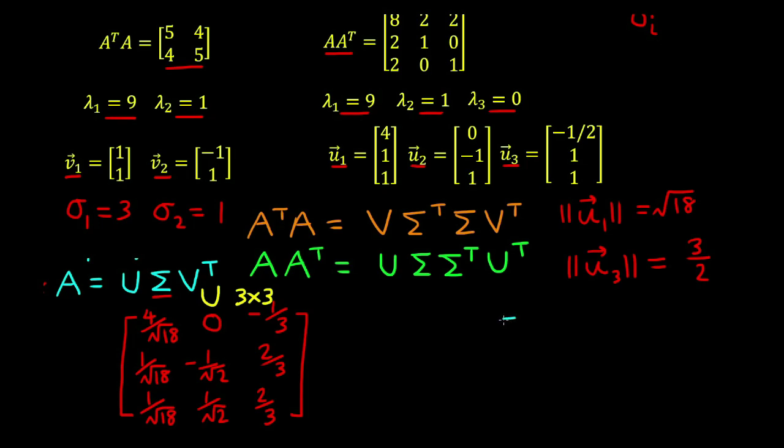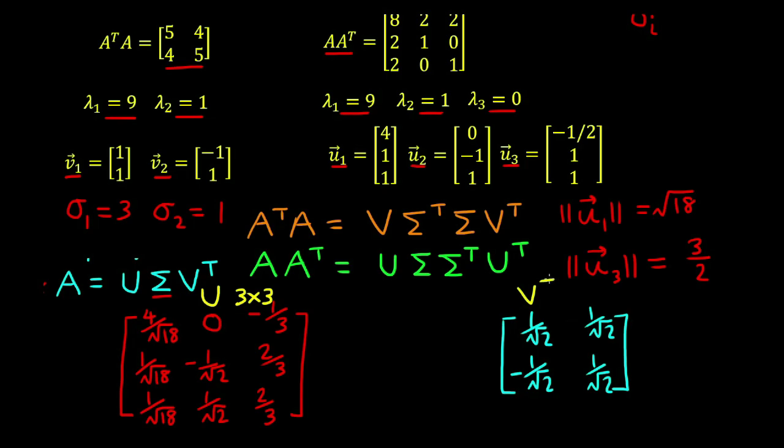And now let's construct the matrix V, which we expect to be a 2 by 2. So the first eigenvector goes in the first column, and we normalize it. And the second eigenvector gets normalized and goes in the second column. And then we transpose this matrix V to get V transpose, flipping this negative sign.